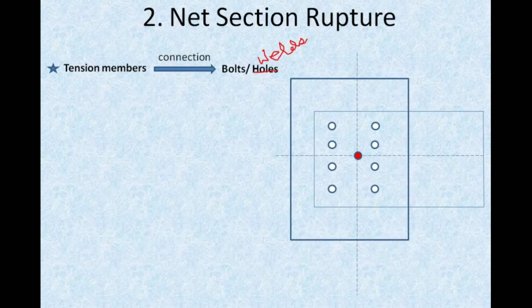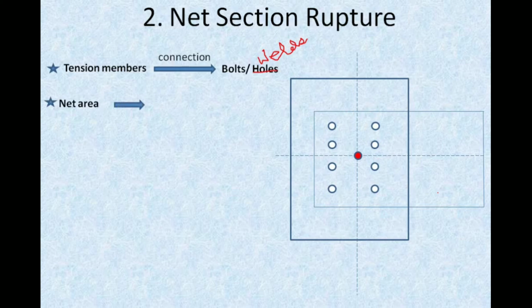Now what will happen when these two are connected with bolts? The tension members have holes, and these holes reduce the cross section, because before the holes were made the cross section area was more, but as soon as the holes are made for bolting, this portion of the member got removed, so obviously the net cross section area got reduced.